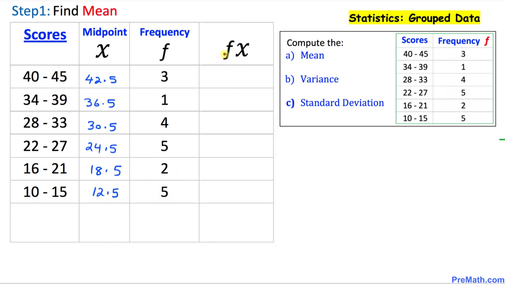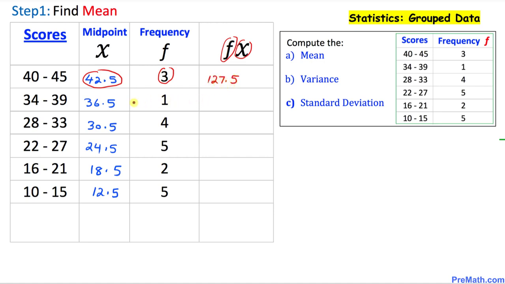And now in the next column, we are going to multiply the frequency f with midpoint x. Let's go ahead and multiply. Frequency is 3 times 42.5. If we multiply these two, we are going to get 127.5.